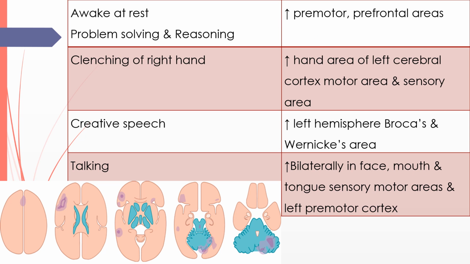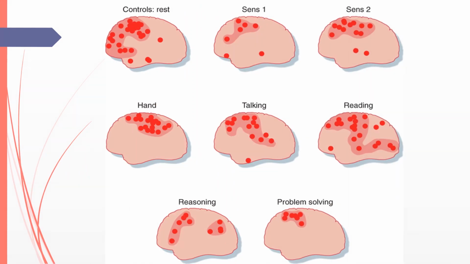So we ask the subject to do various activities, and we record during the activity, and we can see the difference. These are all the different images we got.